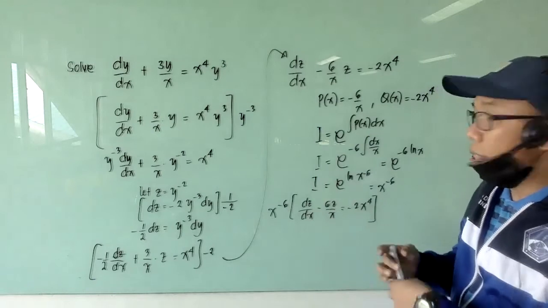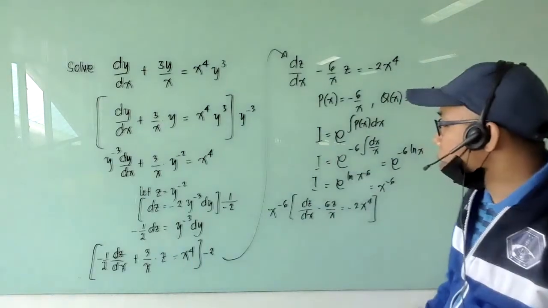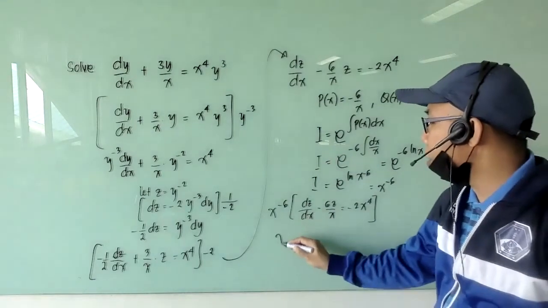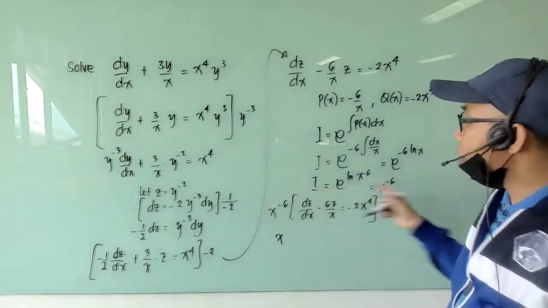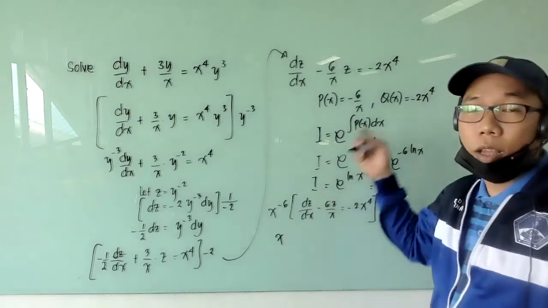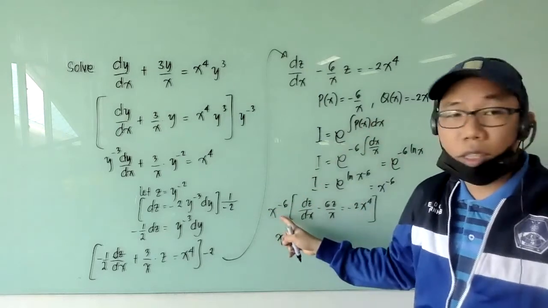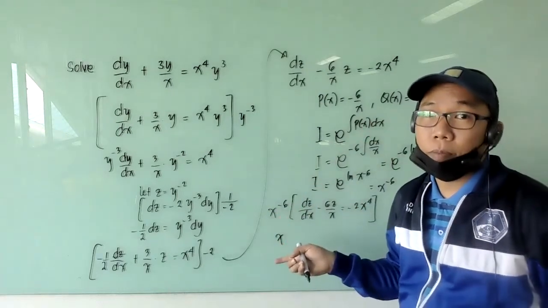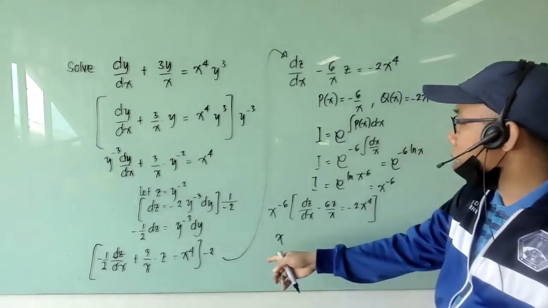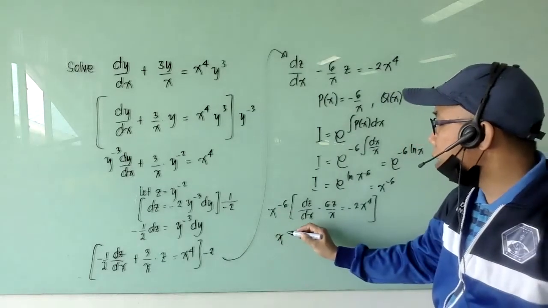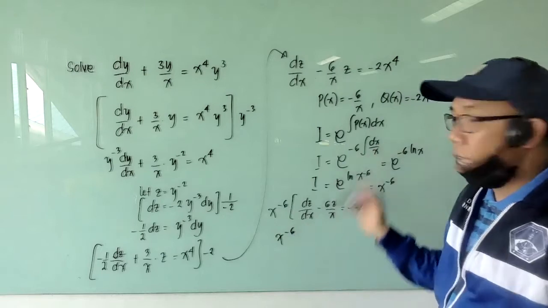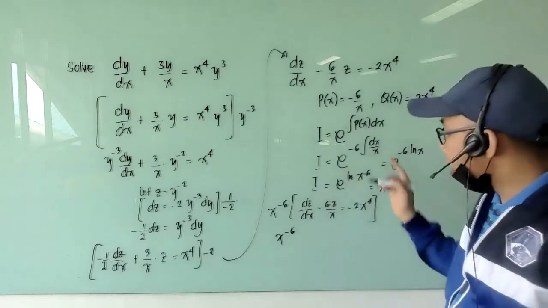We know that once you multiply the standard form by this integrating factor, this becomes an exact equation. So the left-hand side will be equal to the integrating factor x raised to minus 6 times the dependent variable, which is z.